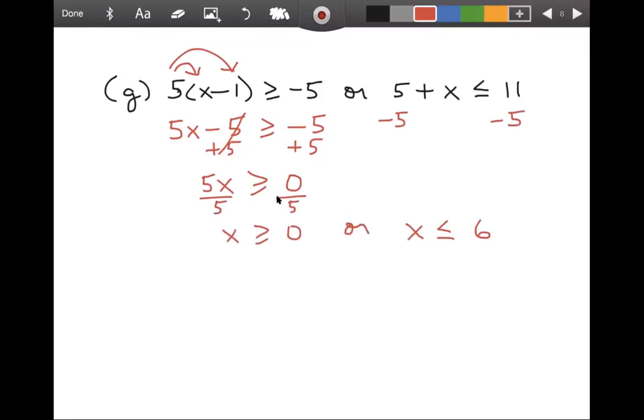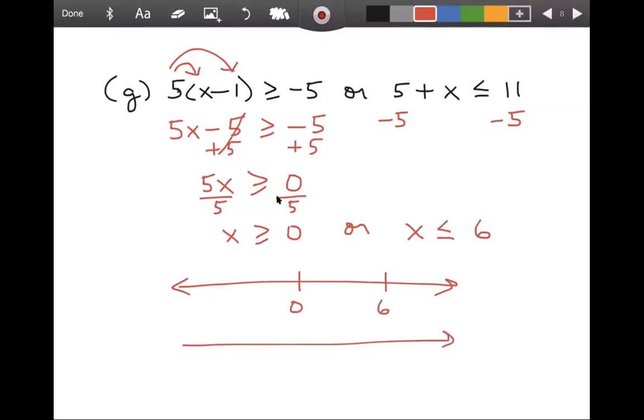So now let's look at what those graphs look like. And I'll do the same thing I did before. I'll just plot those two numbers. So here's x is greater than or equal to 0. Here's x is less than or equal to 6.